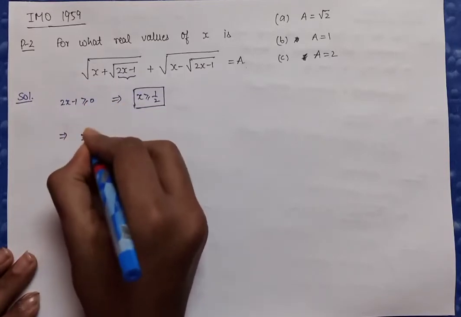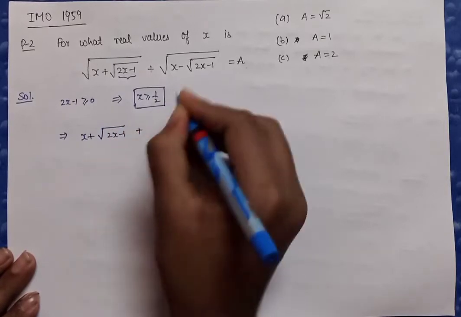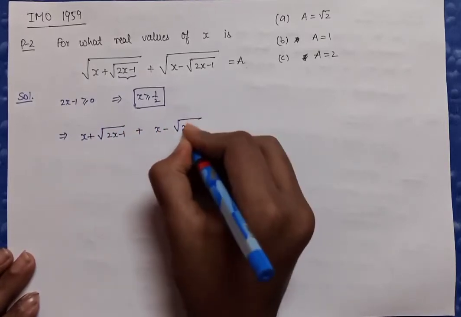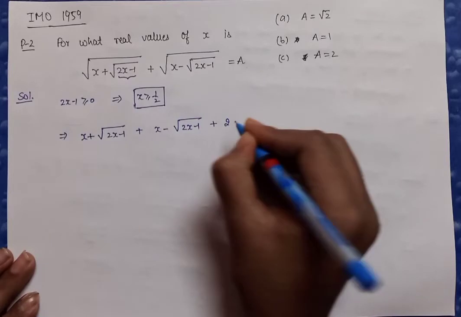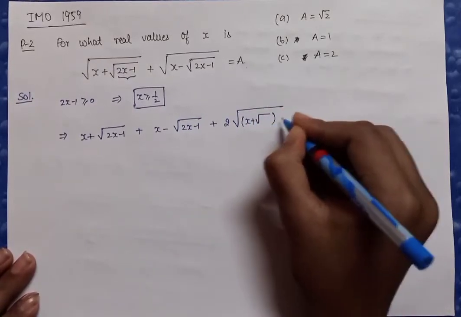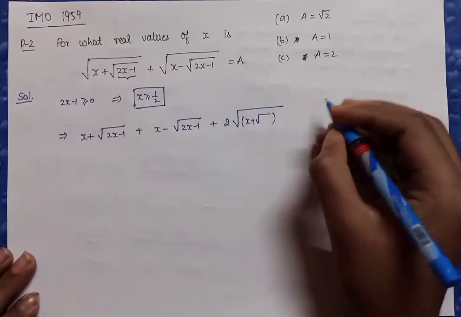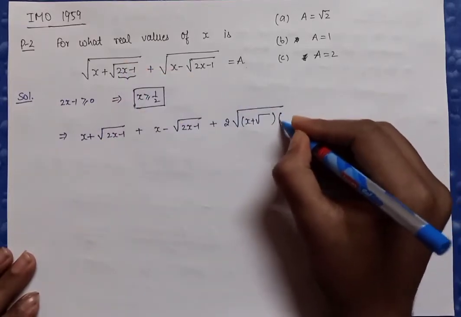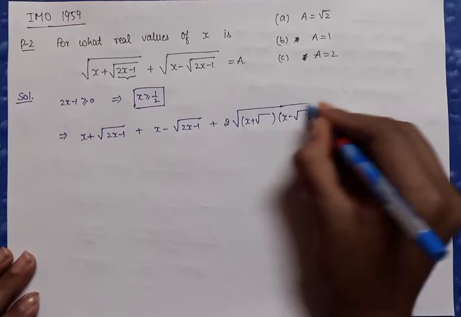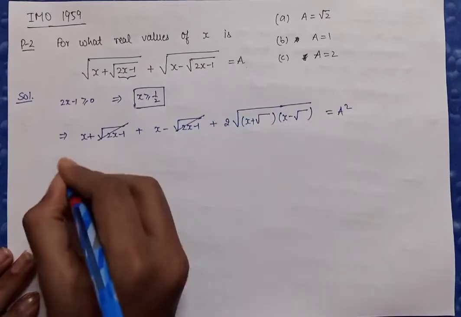What will I get? The square of the first term, the square of the second term, and 2 times the product of both terms, equals a squared. I'm not writing the square root parts out, because we know what is in them, so I'm skipping to save time. The third part will get cancelled out.